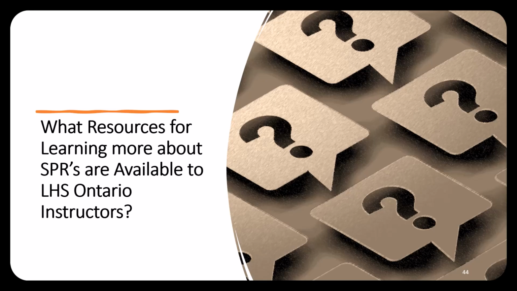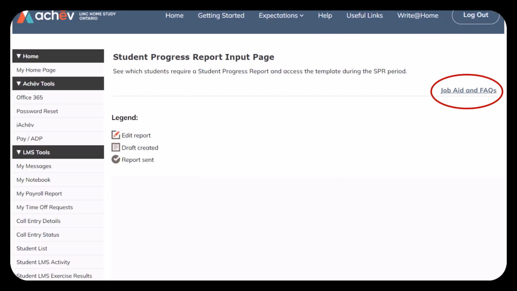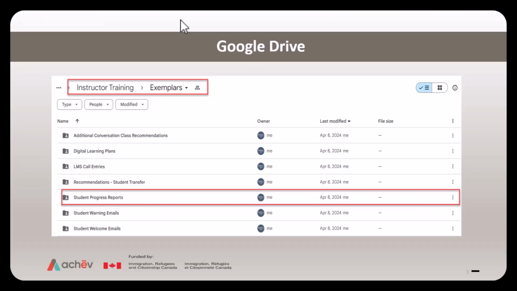So what resources do you have for learning more about SPRs? On the Student Progress Input page, you have a job aid here on the right-hand corner, and you click here and a PDF will be generated on how to complete SPRs and answers to frequently asked questions.